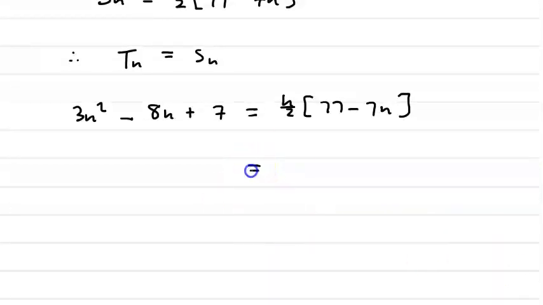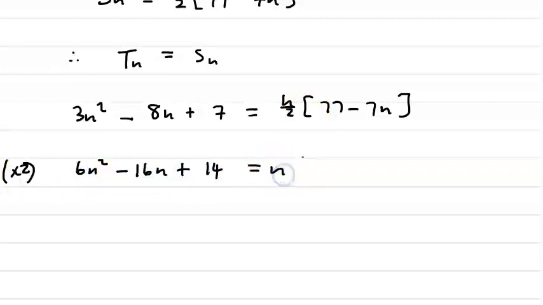So if we have to now solve this particular question, the first thing I want to do is get rid of this 2. I'm going to multiply everything by 2. So I multiply everything by 2, I'll get 6n squared minus 16n plus 14.